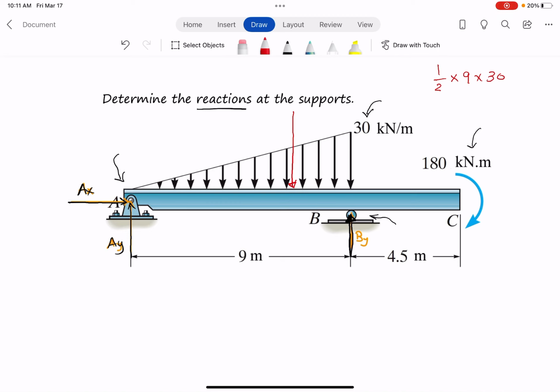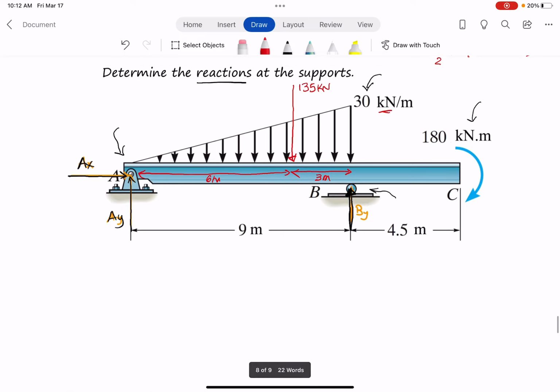Of course, 1/2 times 30 is 15. 15 times 9, and that is 135. And you can see it's kilonewton per meter, but since it's multiplied by 9 meters, it will be in kilonewton. So this is 135 kilonewton. Okay, the distance. It should be 1/3 from the base here. 1/3 of 9 is 3 meters. And the rest is 6 meters.